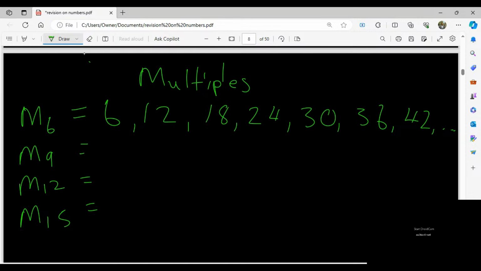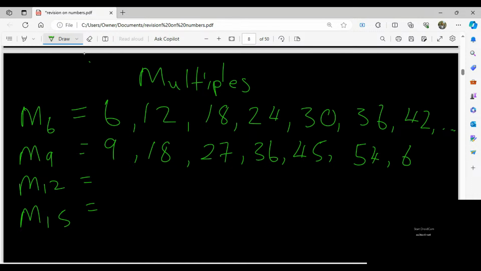The multiples of 9 include 9 itself, 18, 27, 36, 45, 54, 63, and continues up to infinity.